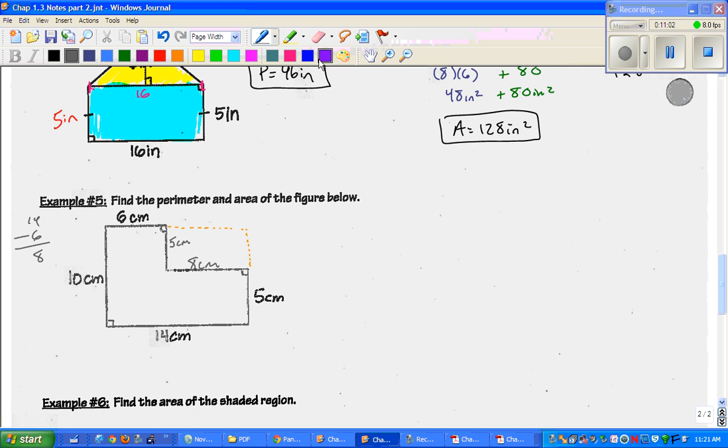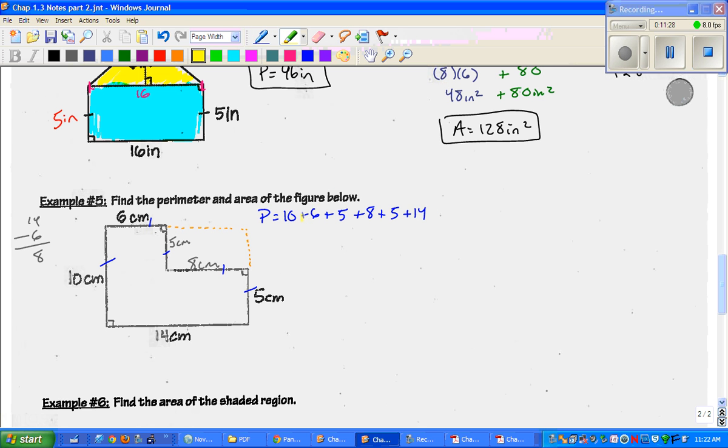So when we find the perimeter of this shape, the perimeter equals 10. Starting here, 10 plus 6 plus 5 plus 8 plus 5 plus 14.